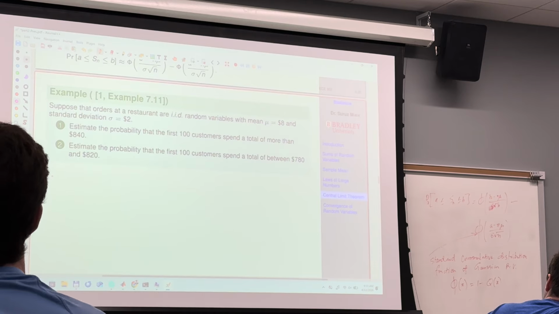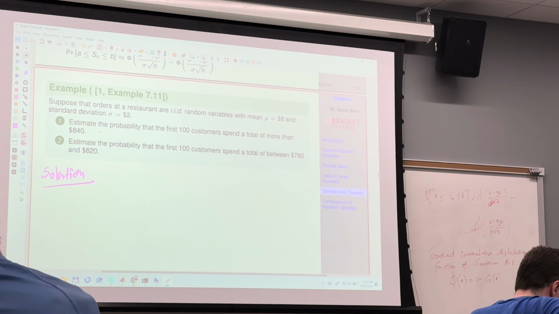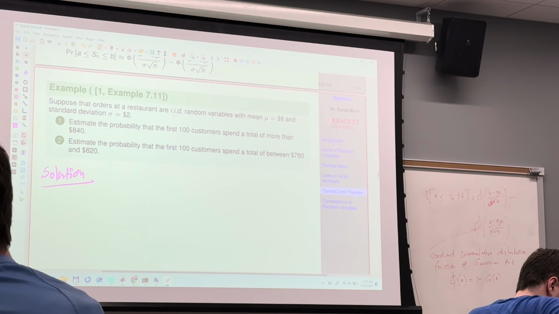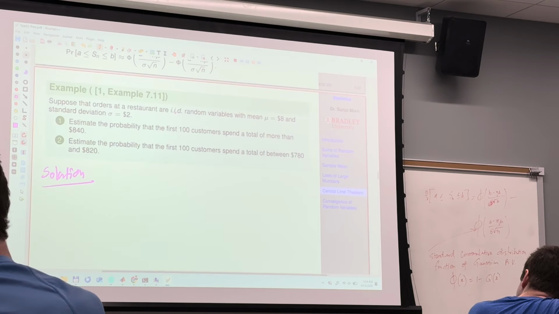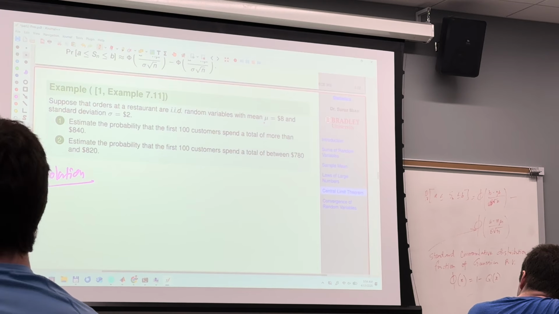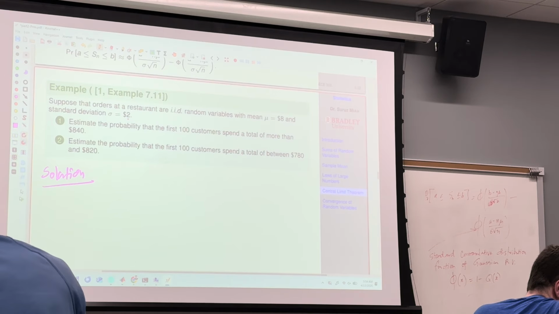Let's solve this problem. Suppose that orders at a restaurant, any restaurant, are IID random variables with mean $8 and standard deviation $2.